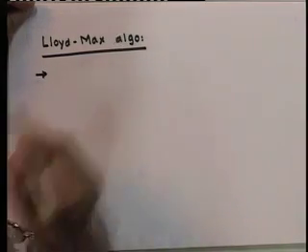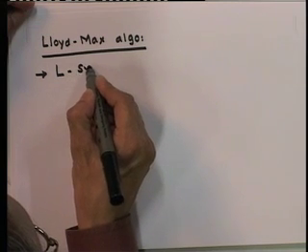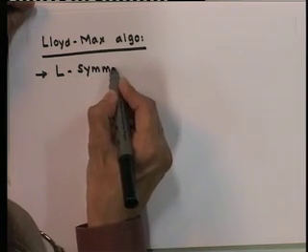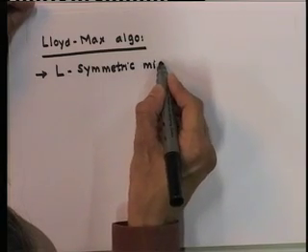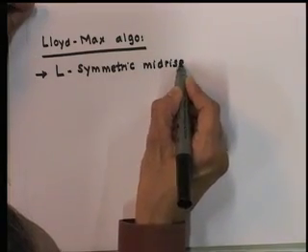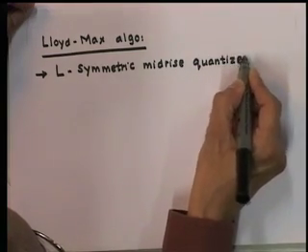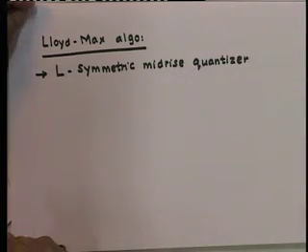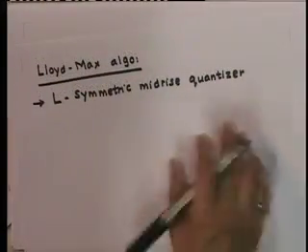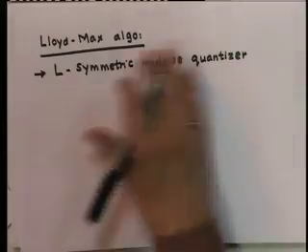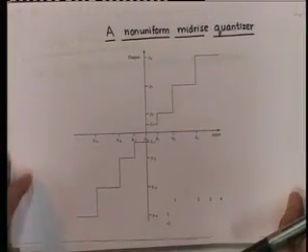Suppose we want to design an L level symmetric mid-rise quantizer. Now, to define our symbols which we will be using for the derivation, let us use the following figure.